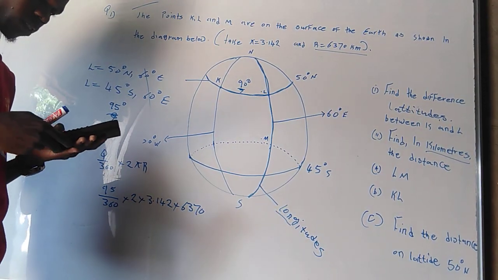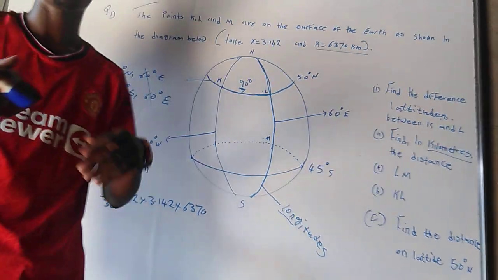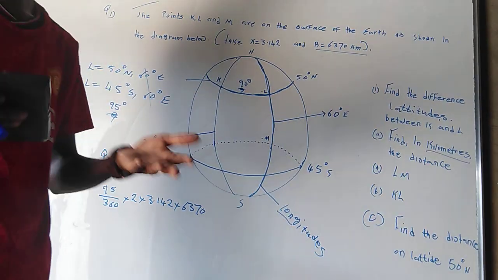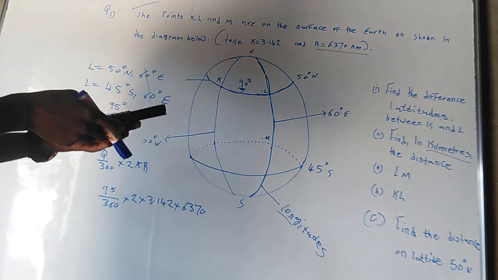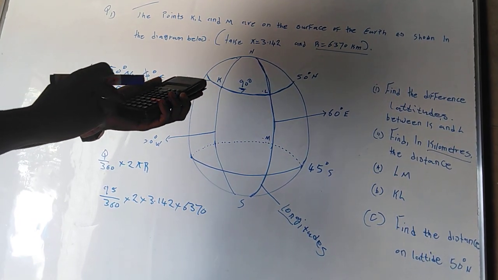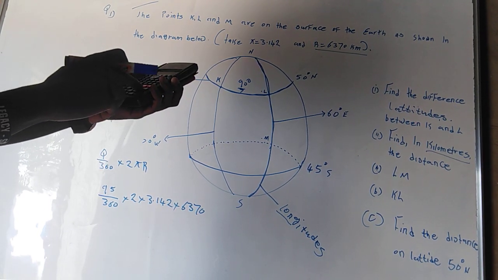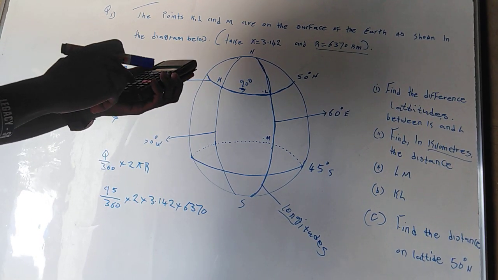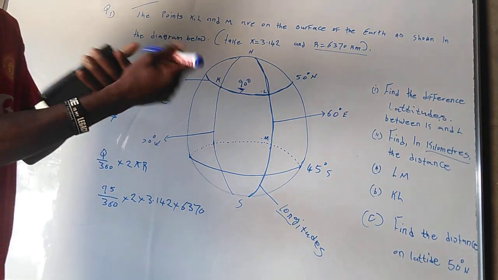You get your calculator. It's very important that whenever you are looking at mathematics paper 2, it's legal for you to be with a calculator in an exam. If you don't go with a calculator, yes, it becomes a disaster. So I will say 95 times 2 times 3.142 times 6370 divided by 360.